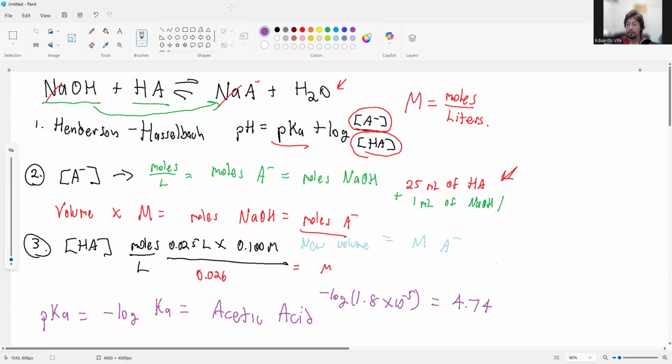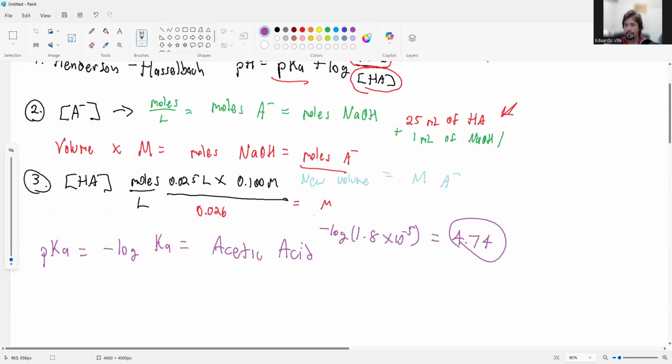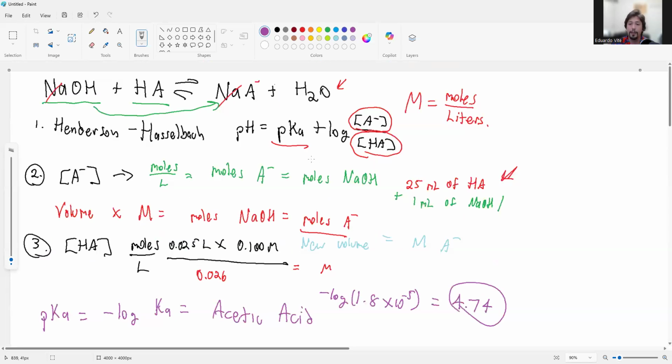So look, to calculate pH, we need the pKa. We have it. Using number 2 and number 3, we've been able to calculate the concentration of A minus at addition t and the concentration of HA at addition t, whatever it is. And so we have all of the information to calculate our pH values right there.